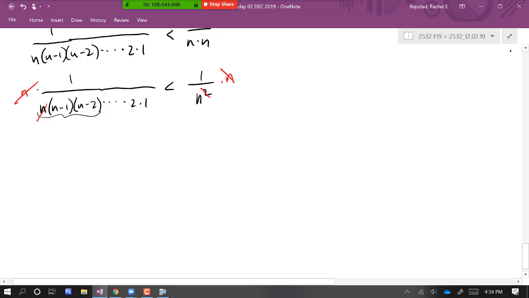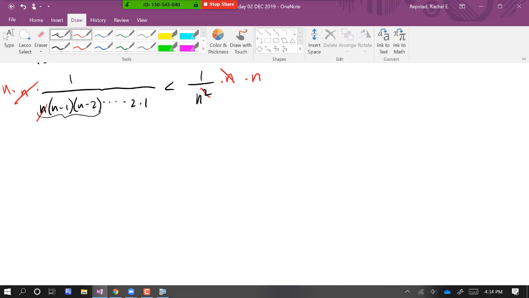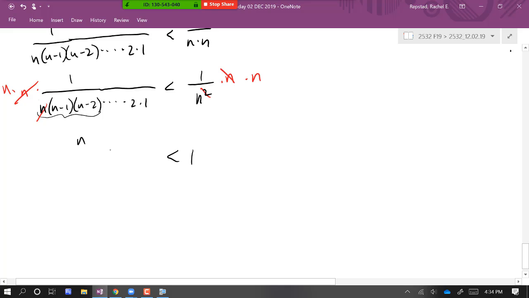Let's do another factor of n. So this ends up being n over n minus 1, n minus 2, and so on, down to 2 times 1, less than 1. And yeah, it definitely is. Right. Yep.